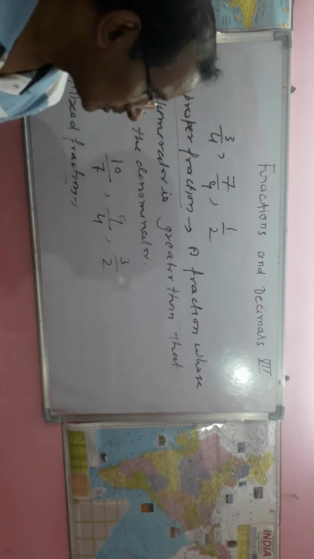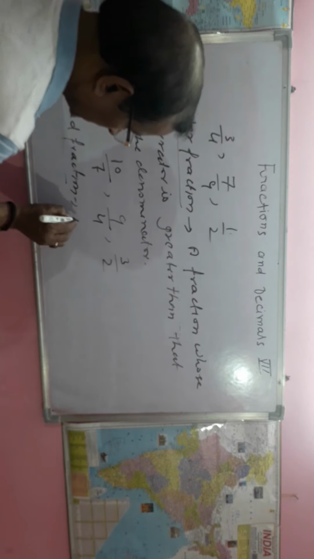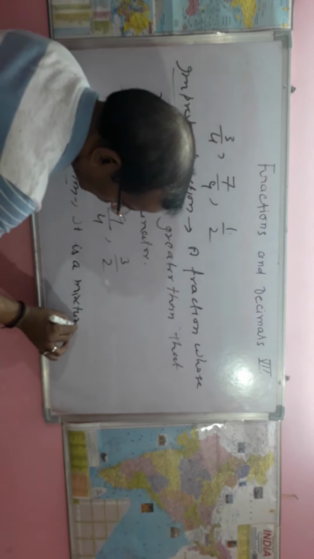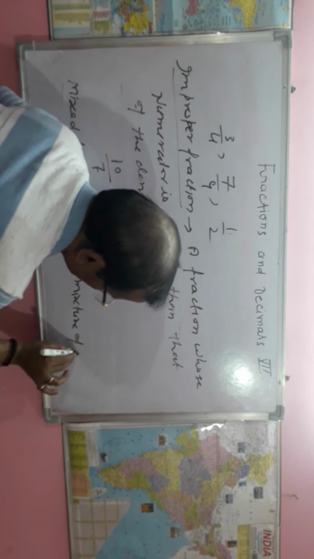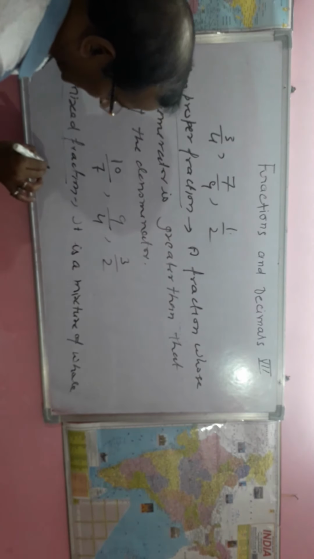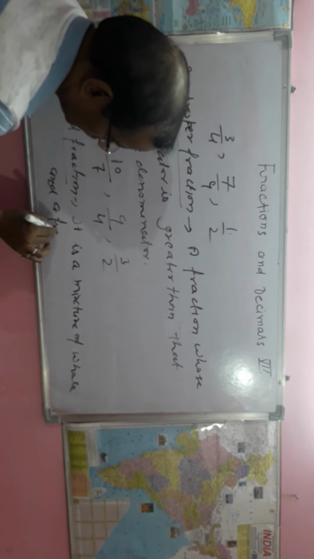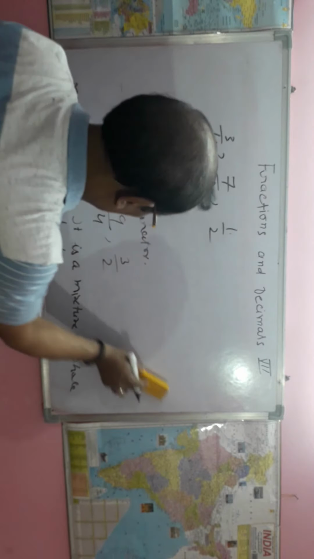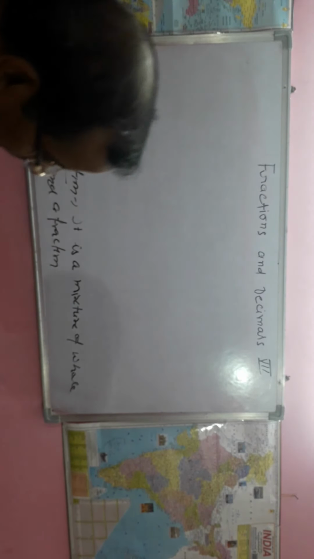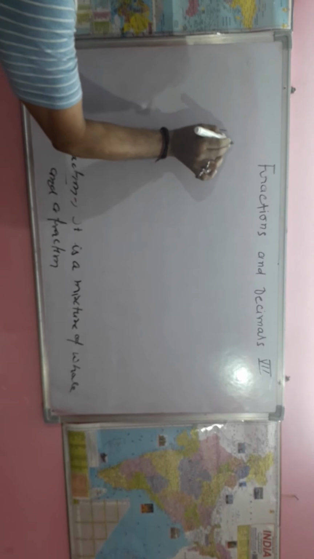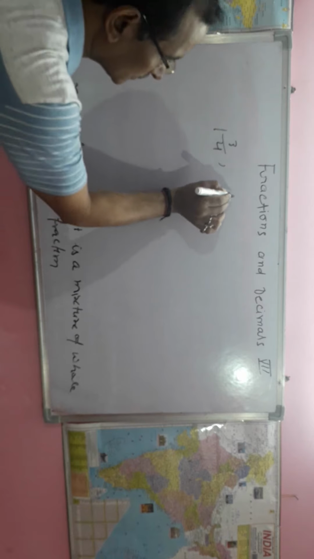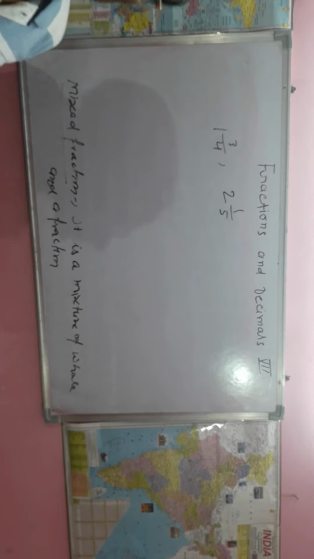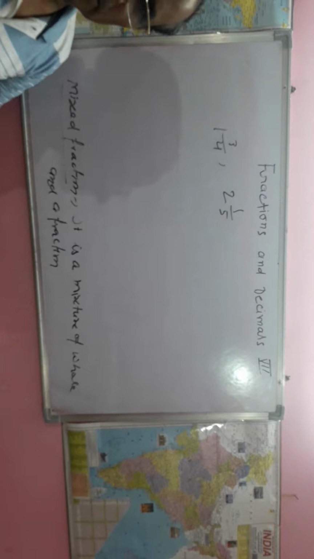It is called a mixed fraction. Now we take some examples of mixed fraction: 1 and 3 upon 4, 2 and 1 upon 5. These are examples of mixed fraction.